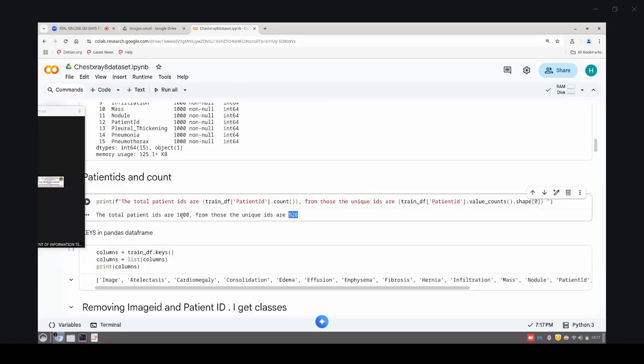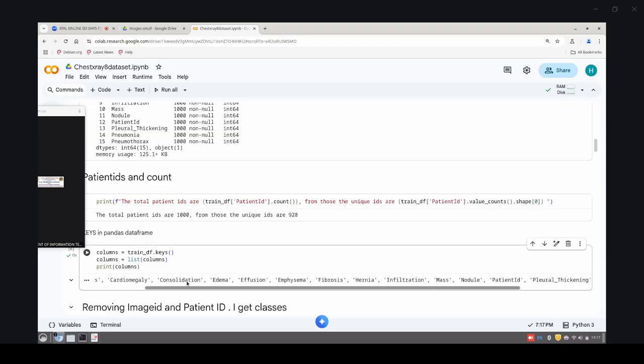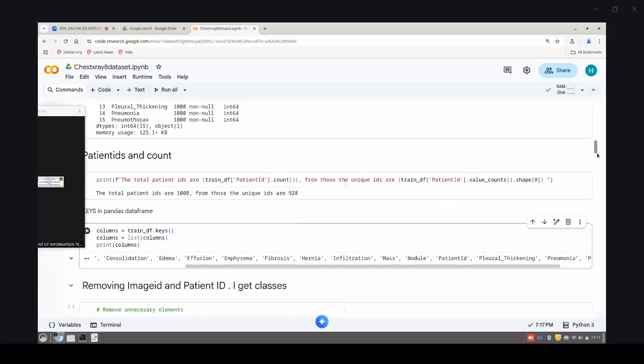which means there are 928 patients. For some of the patients, I have multiple X-rays. So that's why unique patient IDs are 928. And these are the disease names: pneumothorax, pneumonia, pleural thickening. I also have patient ID coming in the columns, so I have to remove them.